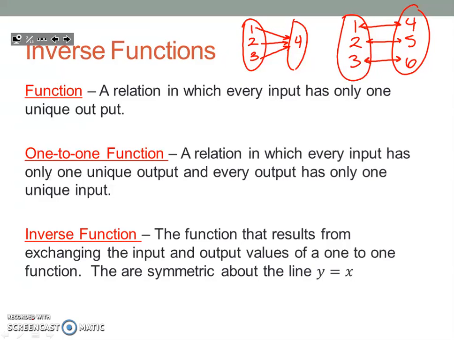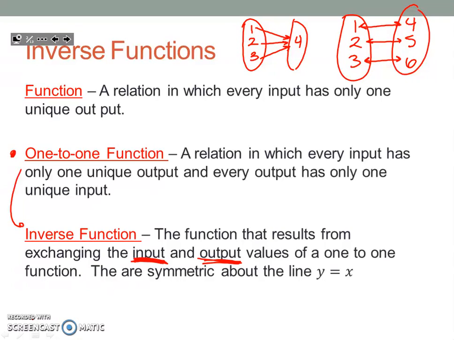And then we're also going to talk about inverse functions. The inverse function is the function that results from exchanging the input and output values of a one-to-one function. So what we can get from that definition is, if you define something as a one-to-one function, that means it has an inverse.